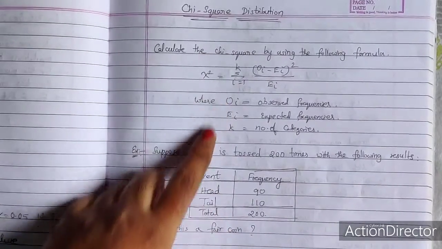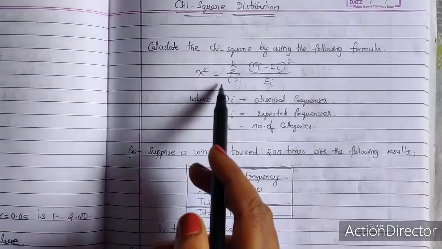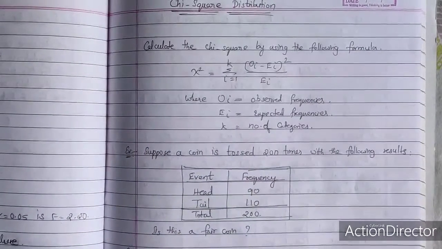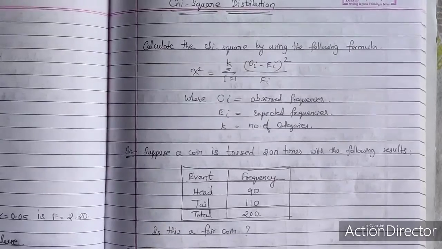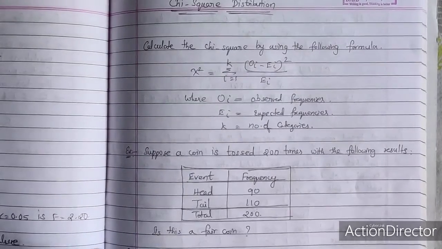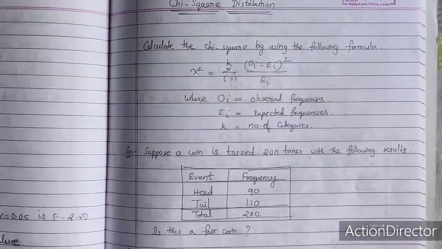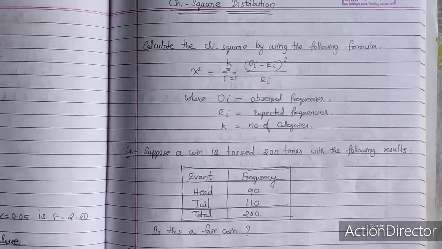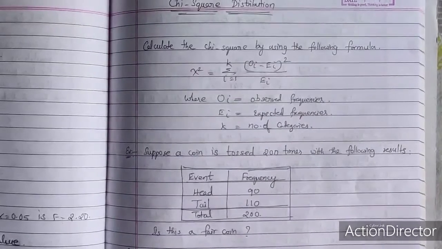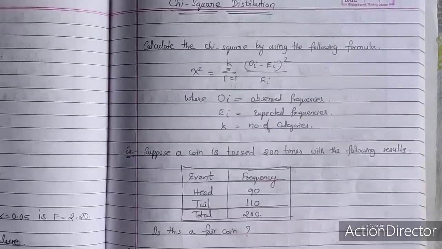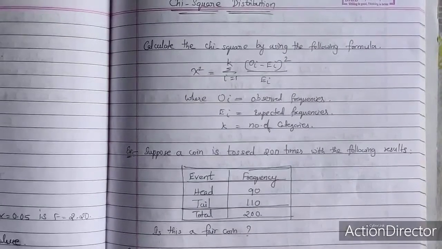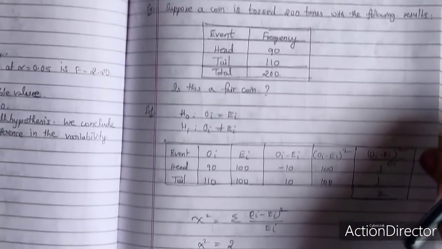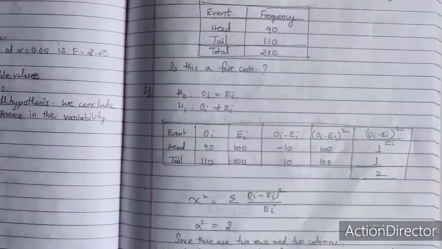We calculate this according to the formula and compare it with the table value. If the calculated value is less than the table value, we accept the null hypothesis; otherwise we reject the null hypothesis. So here we will discuss a problem.